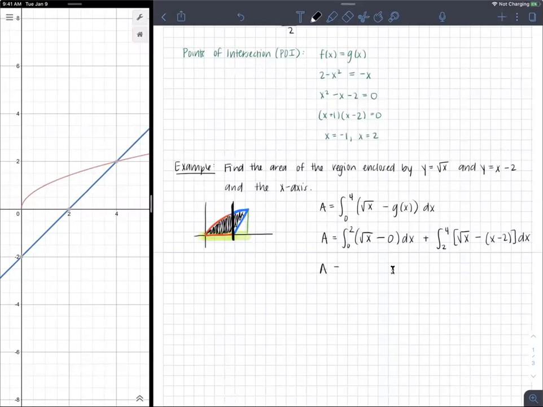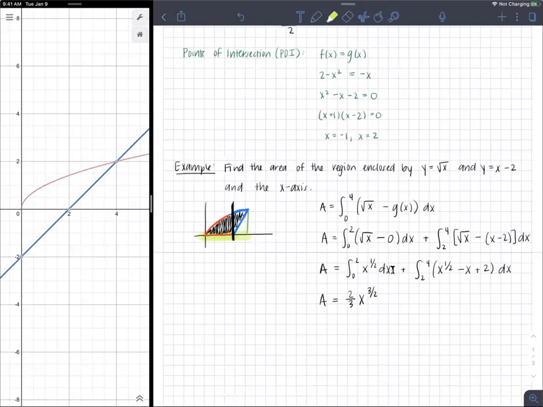And so area is equal to, if I take the antiderivative of the square root of x, so I'm going to rewrite this as the integral of x to the 1/2 dx, and then plus the integral from 2 to 4 of x to the 1/2 minus x plus 2 dx. So when I take the antiderivative of this, you get 2/3 x to the 3/2.